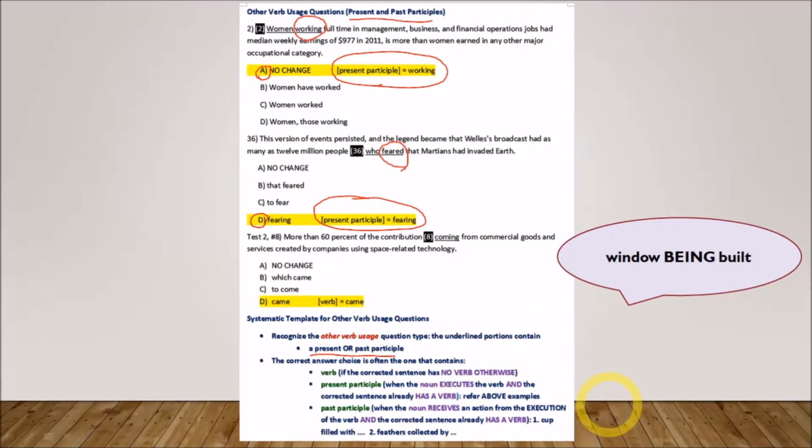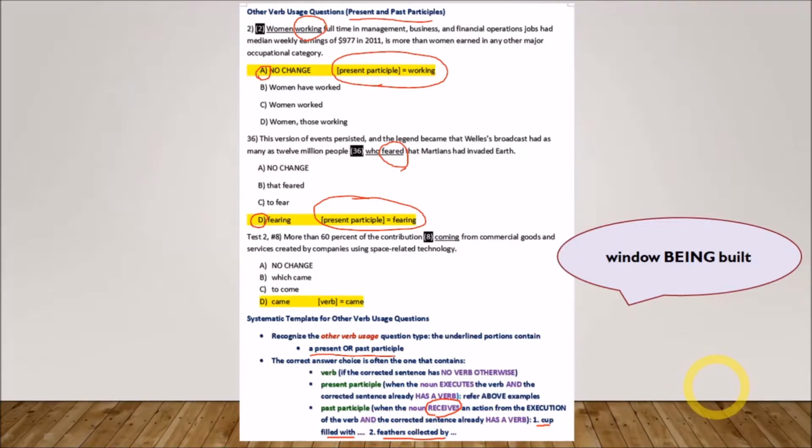Past participles are also commonly used to modify a noun when the sentence already has a verb. Past participle phrases are appropriate when the noun receives an action from the execution of the verb. Examples of appropriate past participle phrases are cup filled with water and feathers collected by scientists.